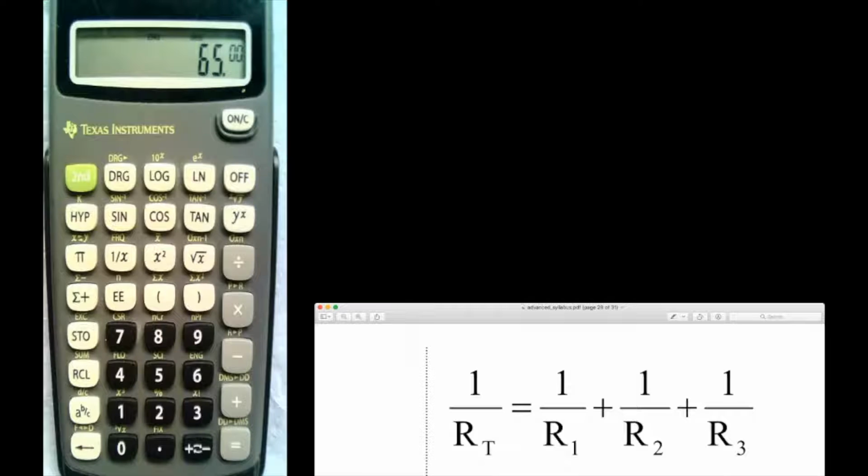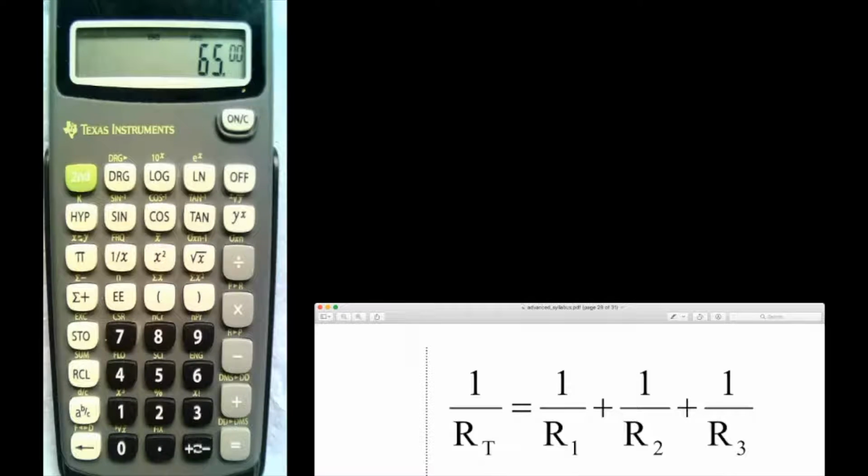In the intermediate course, we only had to work out the equivalent resistance, or the total resistance, where we had 2 resistors or 3 resistors of equal value. And we simply took one value and then divided by the number of resistors. But when the resistors are not of equal value, we have to use this formula.